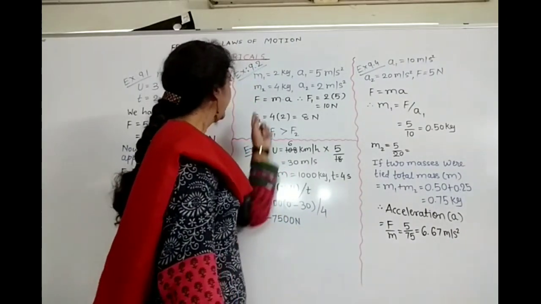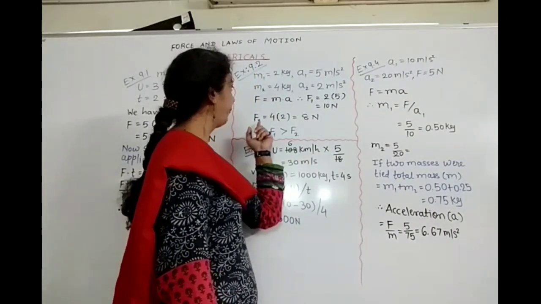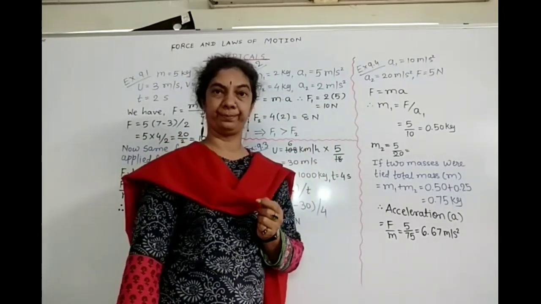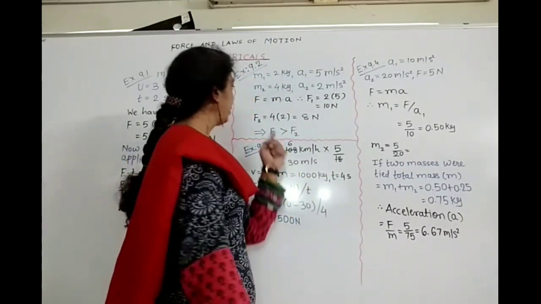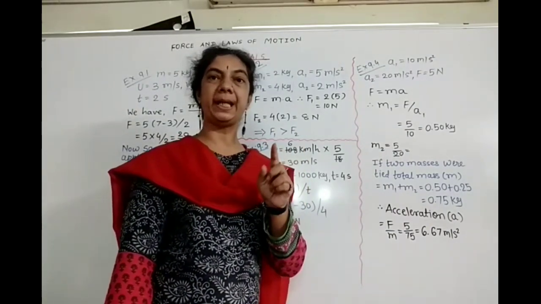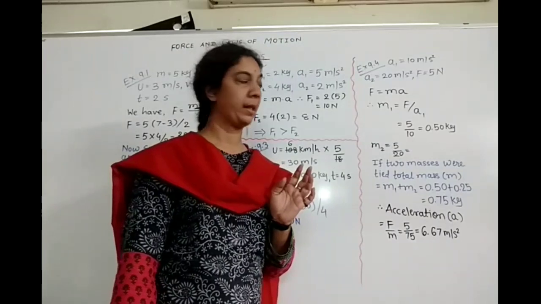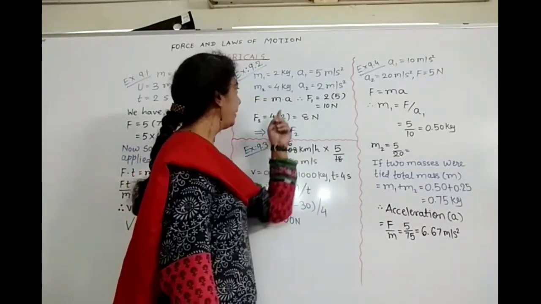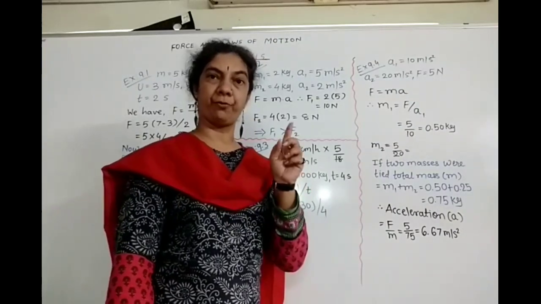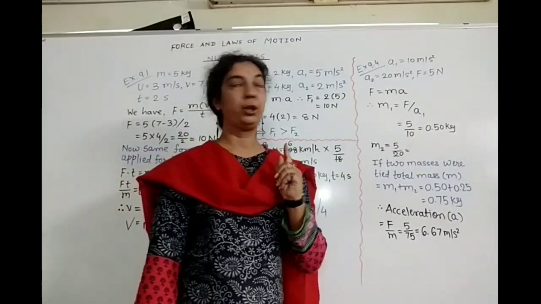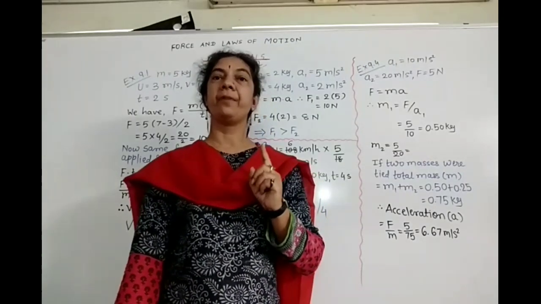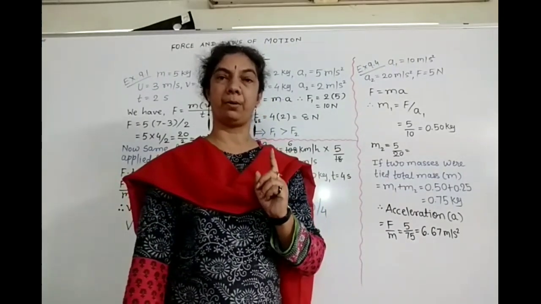After that, the other force F2 is equals to m2 into a2, and in that situation, 4 multiplied by 2, we are getting the answer as 8 Newton. So obviously, F1 is greater than F2. That means for the first object, to accelerate that for 5 meter per second square, we will need more amount of force.